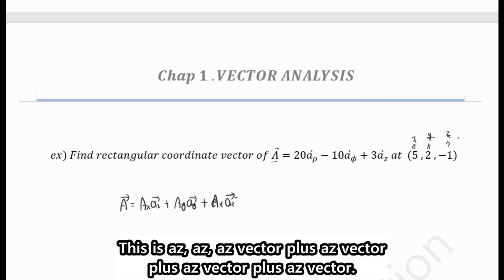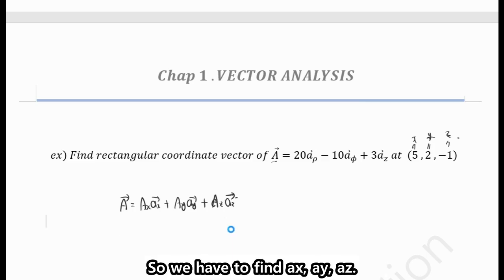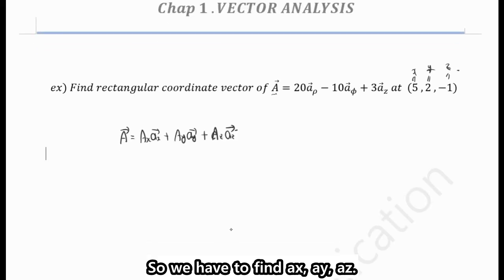So we have to find Ax, Ay, Az. Ax is the x component of the A vector.